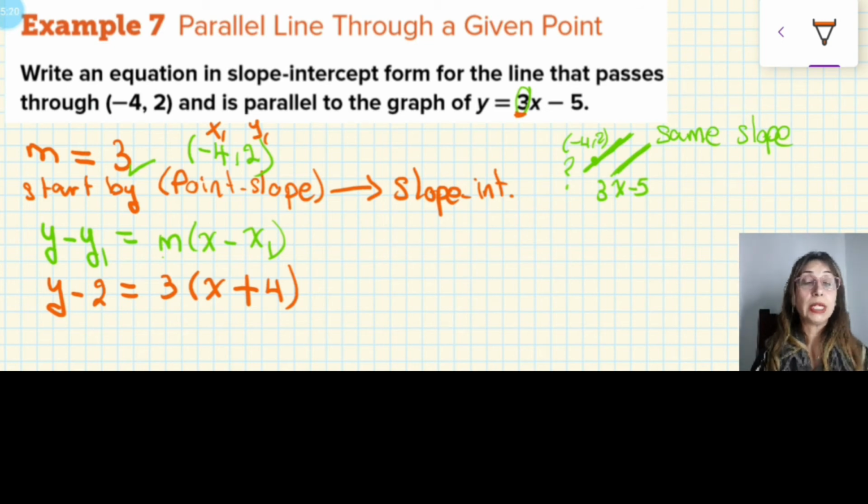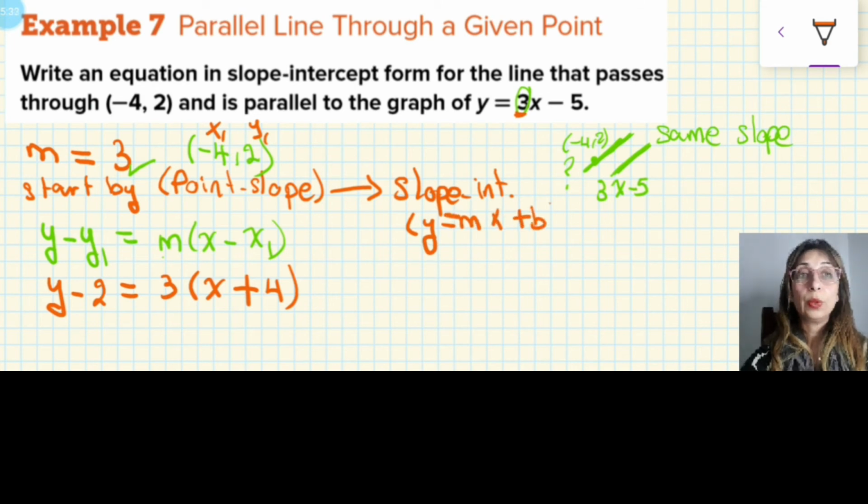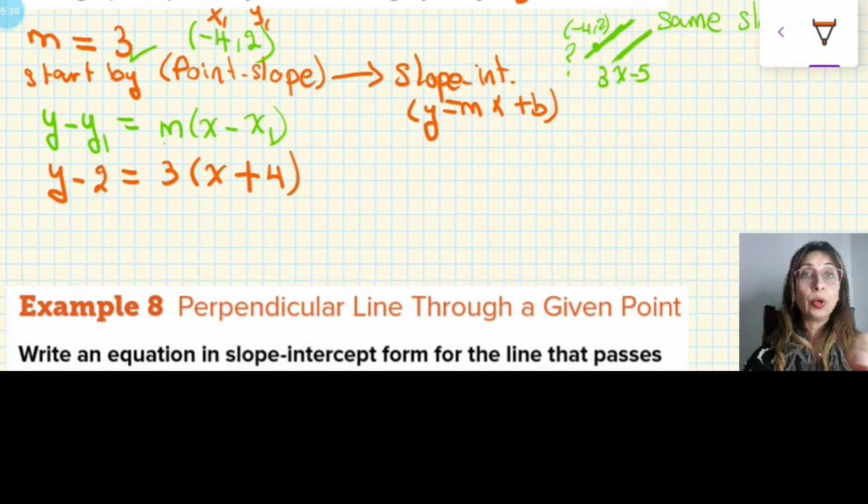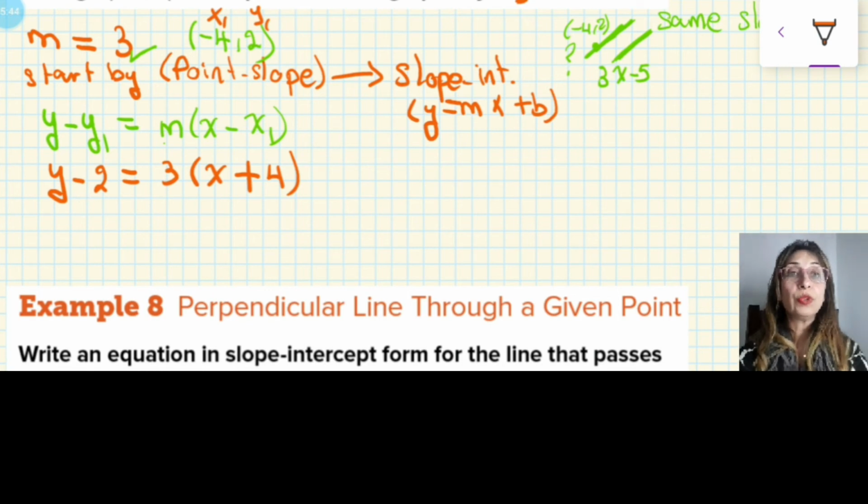I want to transform it into slope-intercept form, which has the form y equals mx plus b, where y is by itself on one side. What remains is to move the 2 to the other side and distribute the 3 over the bracket.